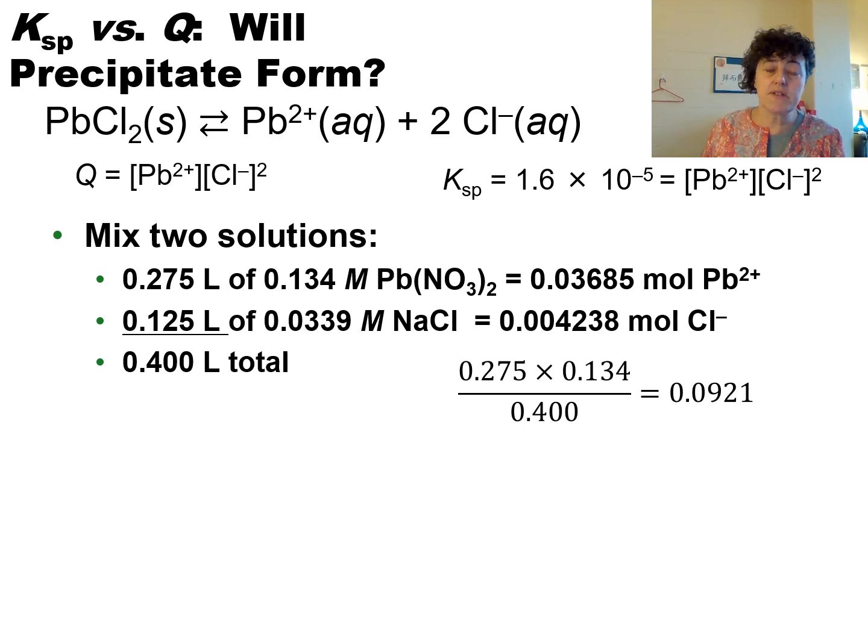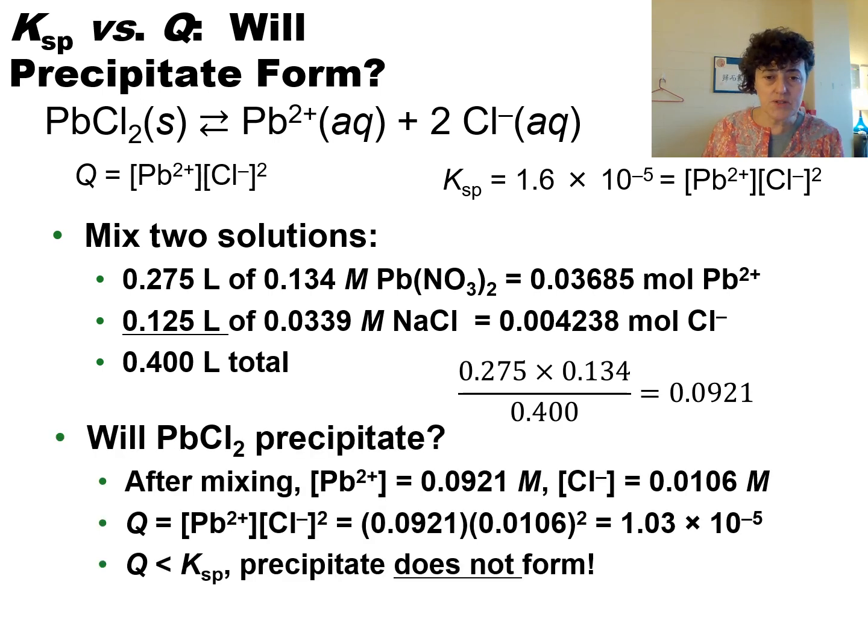So this gives us 0.0921 as the concentration of the lead after the mixing. In the same way, we can calculate the concentration of the chloride, and then we can plug those two numbers into the Q formula, and we get a value that is smaller than the Ksp. Therefore, we can tell that the precipitate will not form.